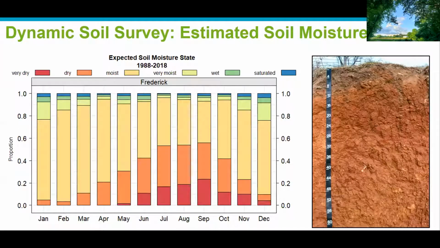Dylan showed some of these slides, or some similar slides, when we start talking about estimated soil moisture. And we all know, we've worked with soils, that you can estimate where the moisture would be, or what the probability is that you'll have it be dry or wet in any given time period.